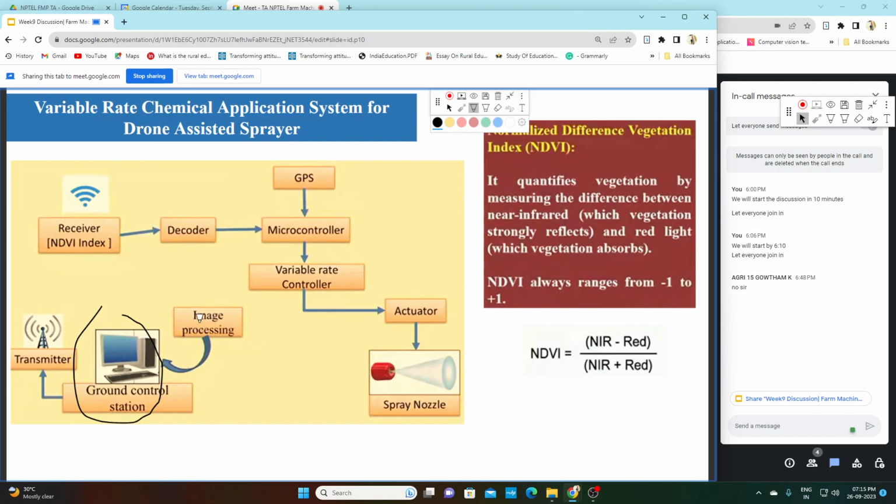After the image processing, the data will be fed to the microcontroller, and the microcontroller will decide by some kind of index. That index is known as the normalized difference vegetation index. It quantifies vegetation by measuring the difference between near infrared, which vegetation strongly reflects, and red light, which vegetation absorbs.